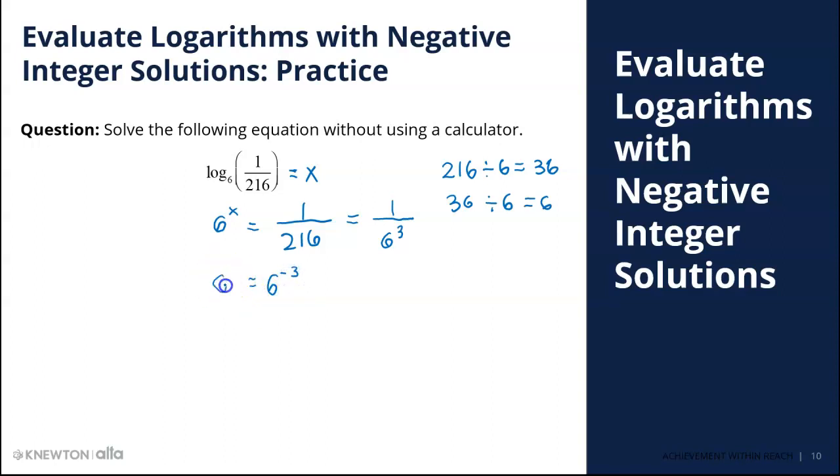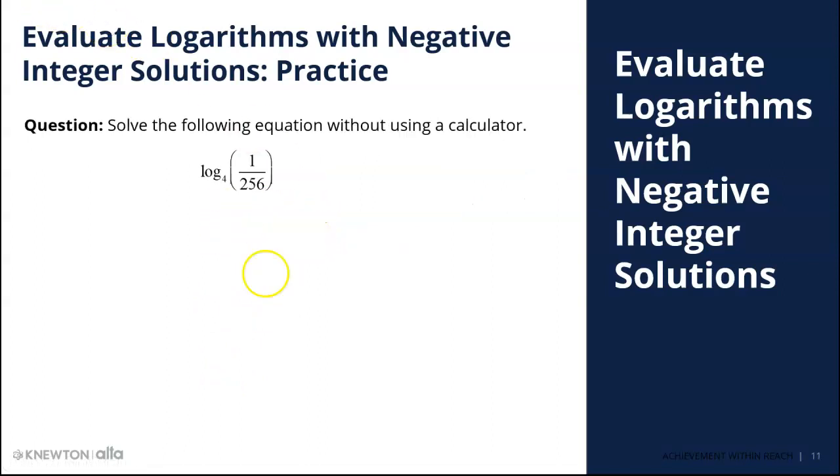And that is equal to 6 to the x. Since both of these expressions have the same base, and exponential functions are one-to-one functions, we can just equate the exponents. So we have x equal to negative 3. From there, we know that we raise 6 to negative 3 to get 1 over 216.